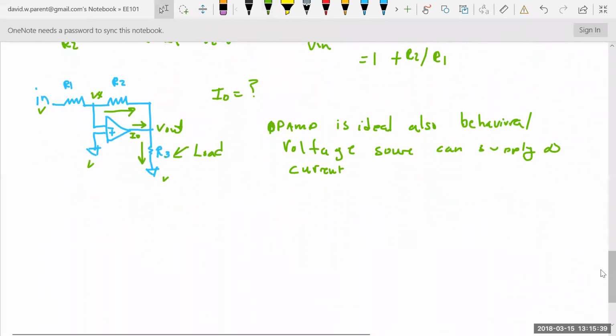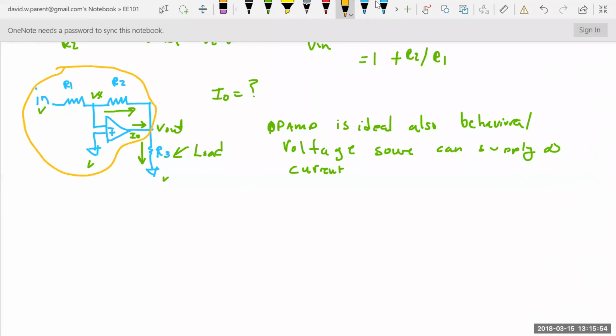So where would I begin? Well, I just notice, what did I have before I added R3? Hey, this is an inverting amplifier, right?